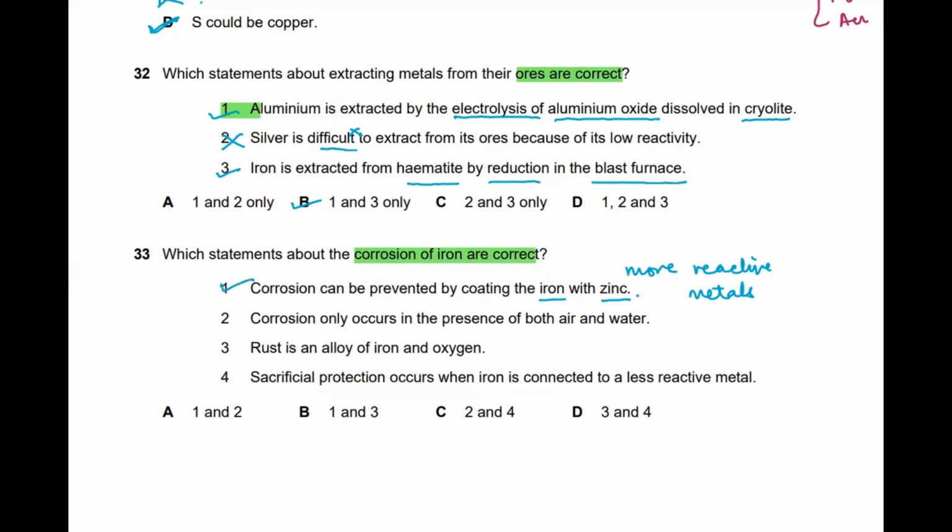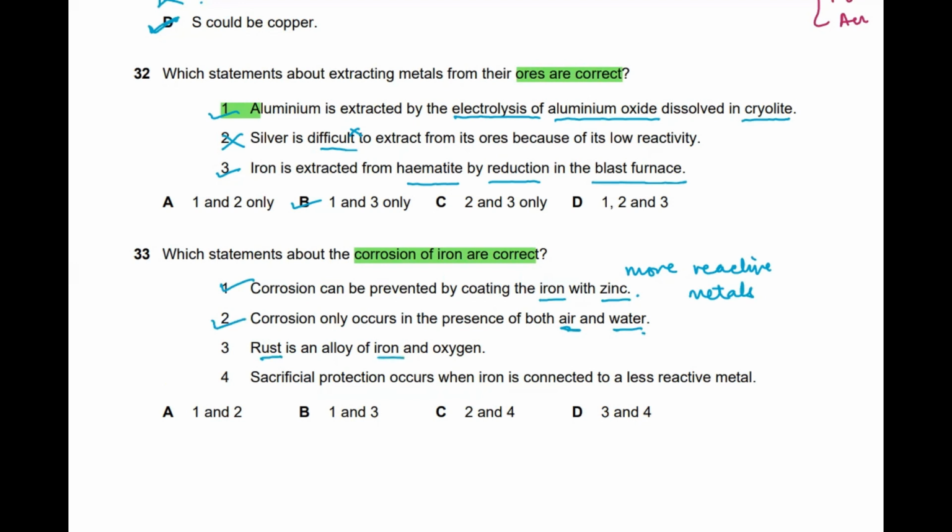Yes, you can coat the iron with zinc. That's a possibility in order to prevent it from rusting. Corrosion only occurs in the presence of air and oxygen. Yes, for rusting, you require oxygen and you require water. So oxygen comes from air. So the second statement is also correct.